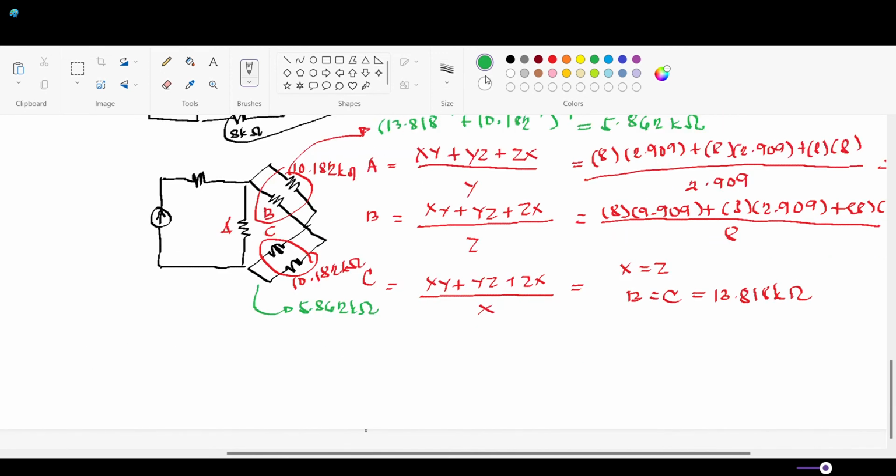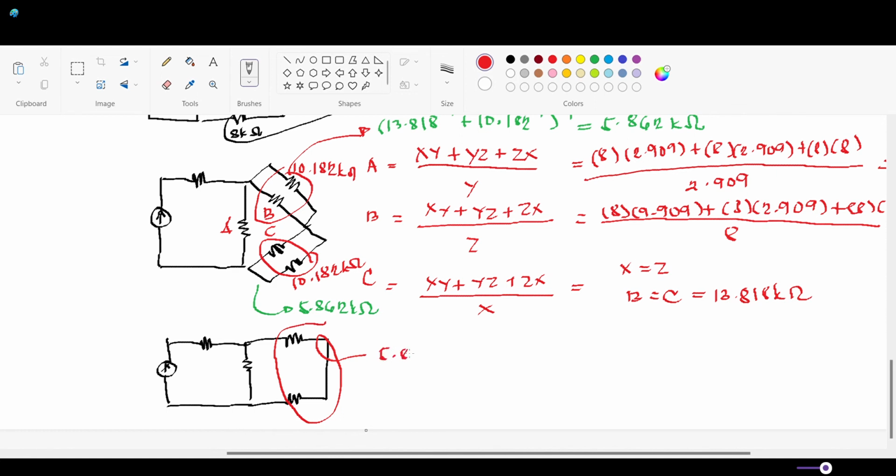Alright, so if we are going to simplify again, the circuit will now be like this. Okay, and these will be in series. So this is 5.862 plus 5.862.